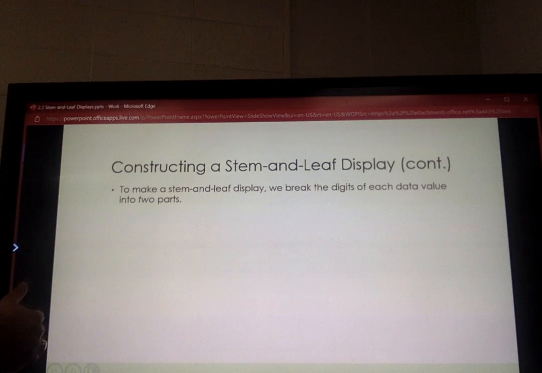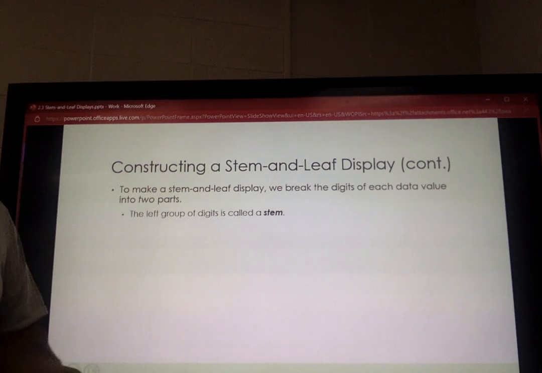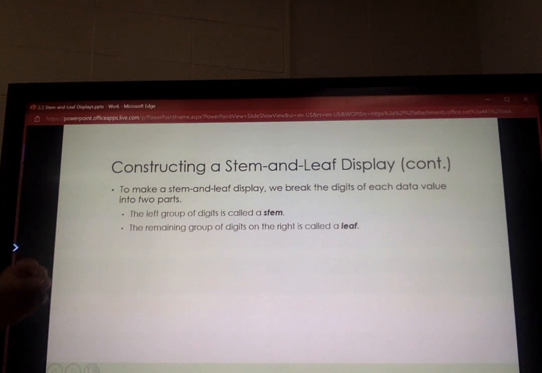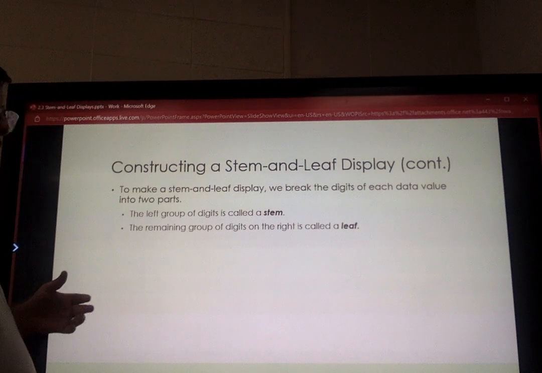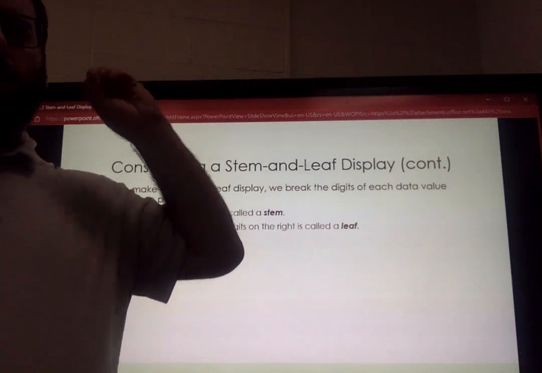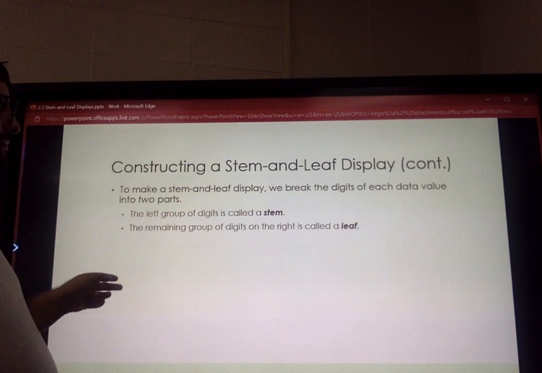All right, so here's what we're going to do. To make a stem and leaf display, we break the digits of each data value into two parts. The left group of digits is called the stem. The remaining group of digits on the right is called the leaf. So the leftmost part is called the stem, and the rightmost part is called the leaf.